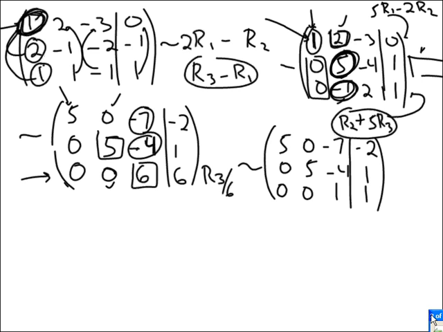Okay. So now it's a little bit easier to use this 1 to get the numbers above and below it to be 0. For example, if I keep row 1 the same, ignoring the signs for a moment, I have a 7 there. Well, if I multiply row 2 by 7, I'll have a 7 here. Now we take into account the signs.